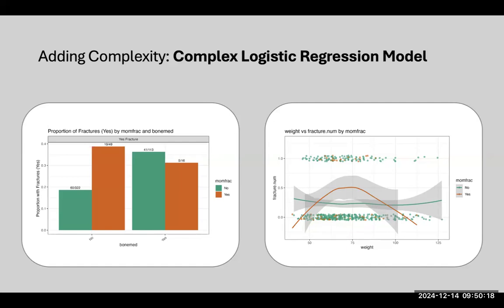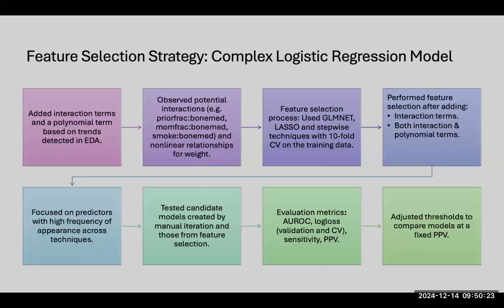And so this indicated to me that I might want to try a polynomial term for weight. So the feature selection strategy for this model was to add interaction terms and a polynomial term based on these trends I saw. The potential interactions observed were among the bone medication variables and that nonlinear relationship with weight.